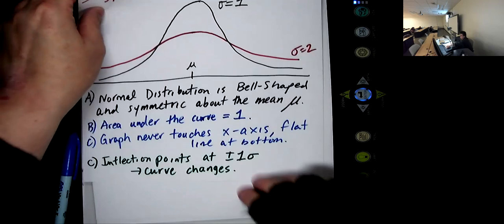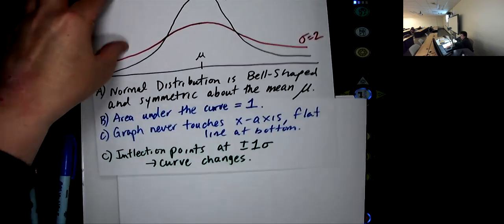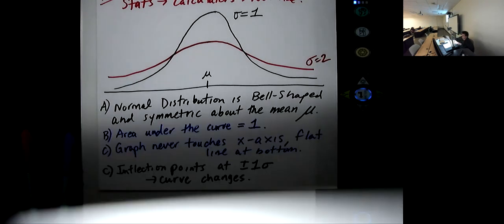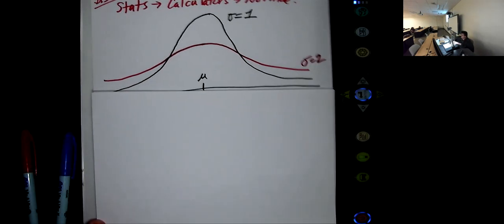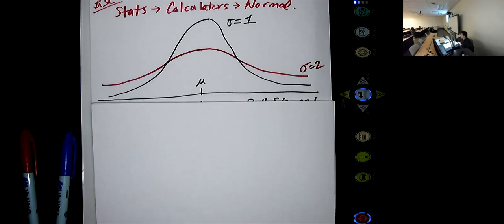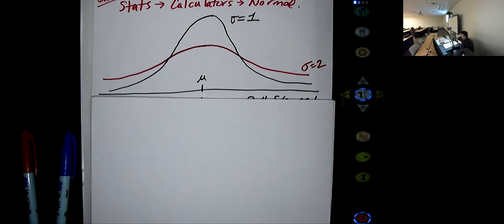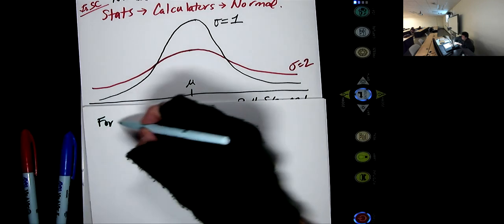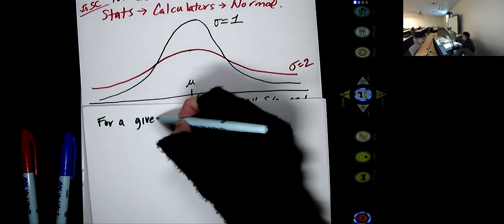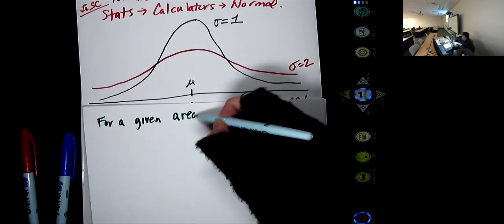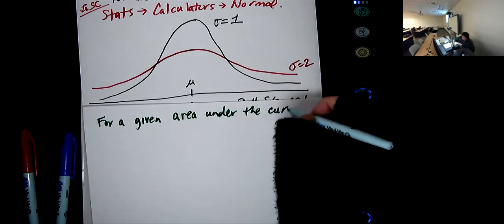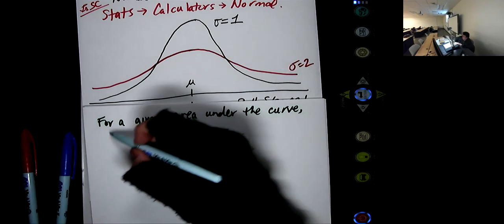All right, I'm gonna leave that graph up there because I'm gonna draw in a second to illustrate what I'm gonna say next. So for a given area under the curve between 2 values.